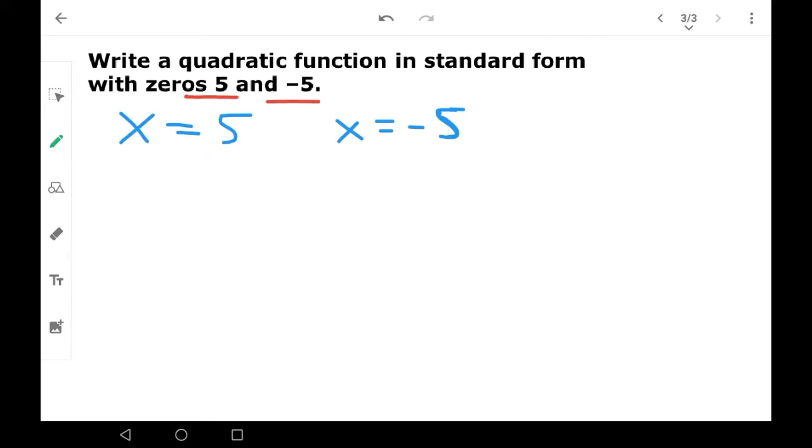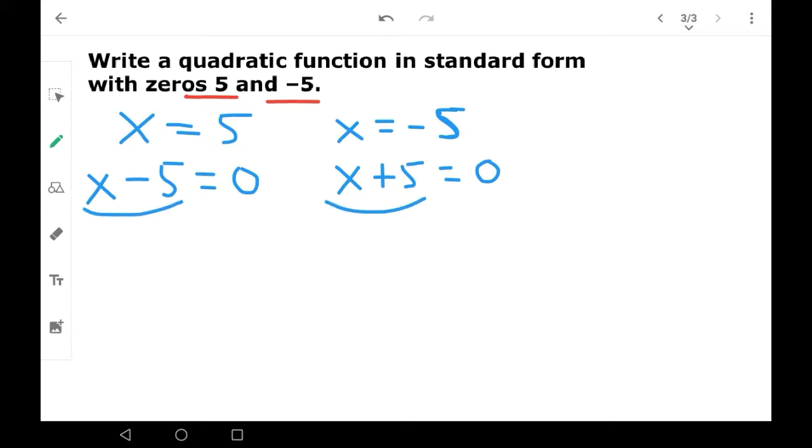So what I have to do then is set each solution equal to 0. So I have to move the 5 to the other side, so this would be x - 5 = 0. And then I have x = -5, and since it is negative, we move it to the other side as +5: x + 5 = 0. So now I have my two factors. This is one factor and this is another factor.